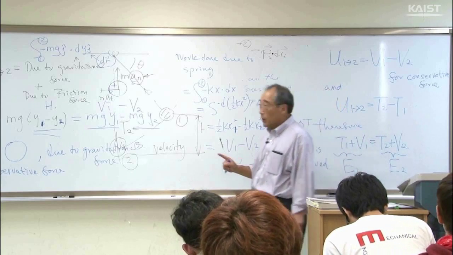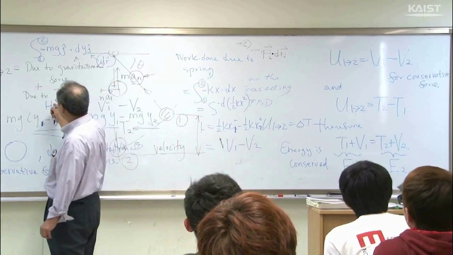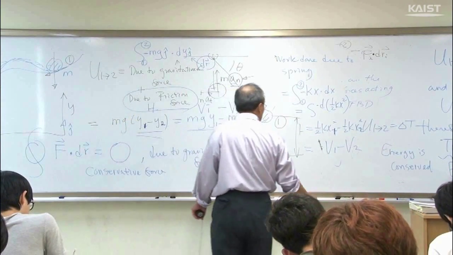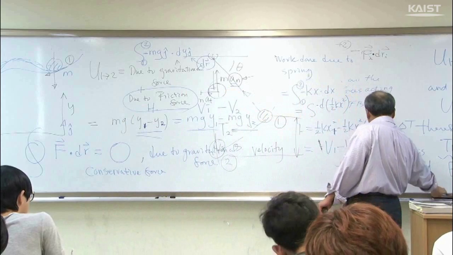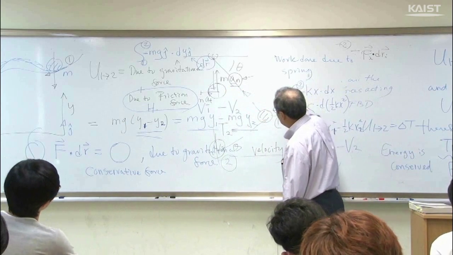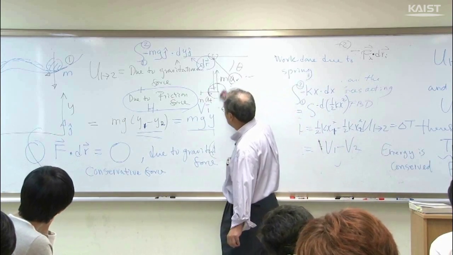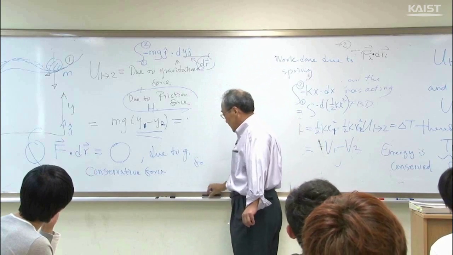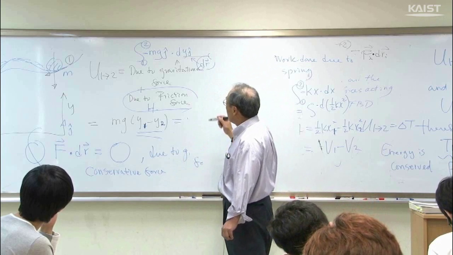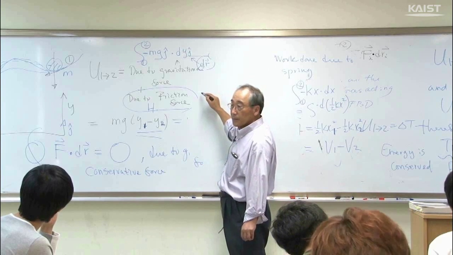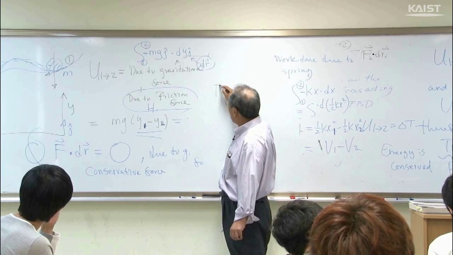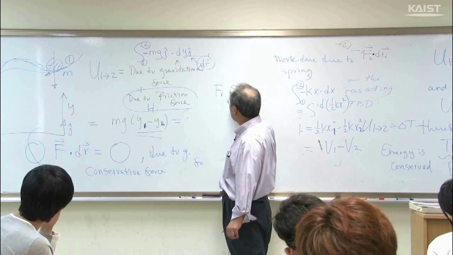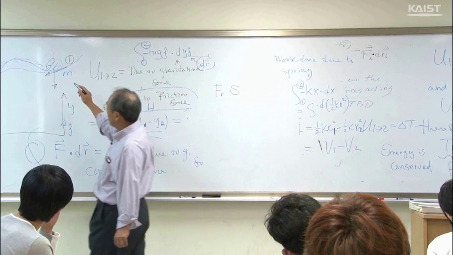Okay. But if we have friction, the work done due to friction will change our result. Okay, work done due to friction is the friction force multiplied by the path S from here to there.